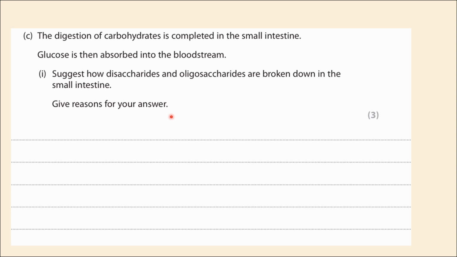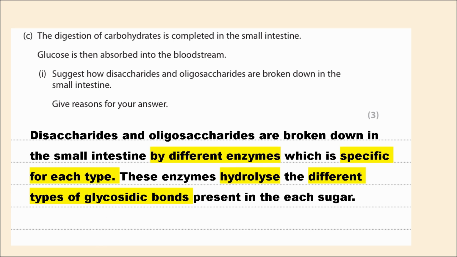So you can write your answer like this. Disaccharides and oligosaccharides are broken down in the small intestine by different enzymes which are specific for each type. These enzymes hydrolyze the different types of glycosidic bonds present in each sugar.